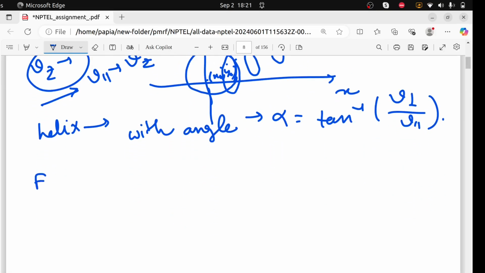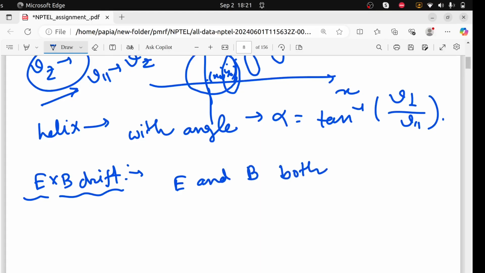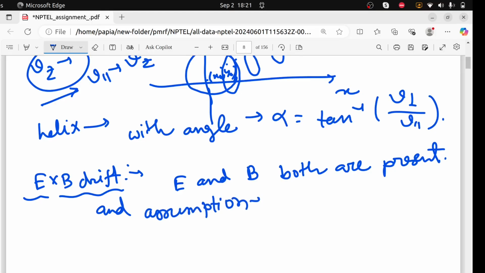Now coming to the E cross B drift. This is the condition when we talk that E and B both are present, and let's assume, just a simple assumption, that E is along x cap and B is along z cap.